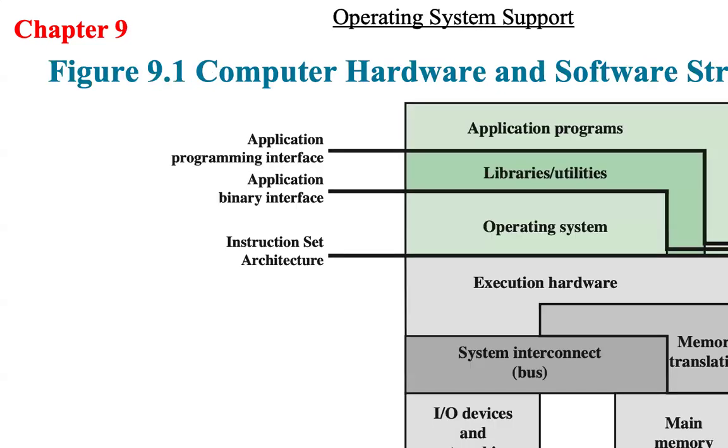For this chapter, I'll just finish with this chart and then get into the details. So we're going to be talking about the operating system, and so it fits into a layer where you have your libraries and utilities, and finally your applications are above that.